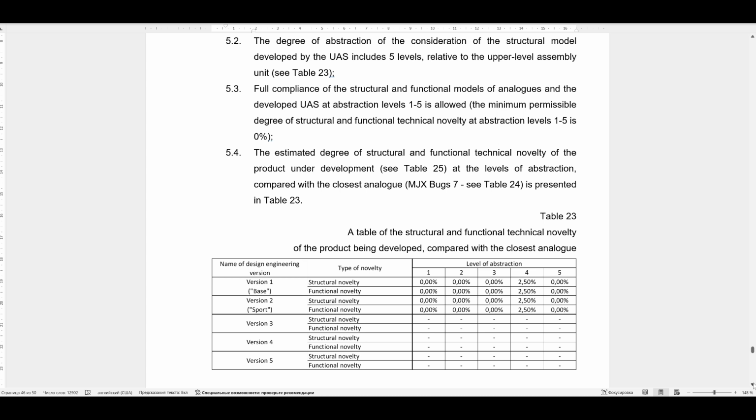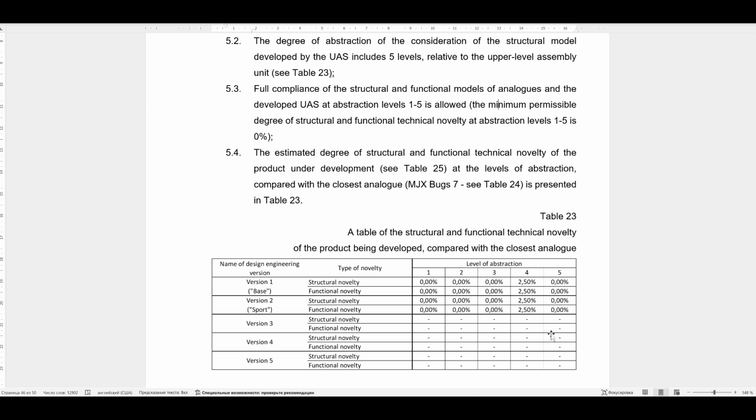In this case, the introduction of VR glasses or a helmet into the unmanned aircraft system gives us a value of technical novelty of the product equal to 2.5% as a fourth level of abstraction, corresponding to purchased products, relatively simple assembly units and parts.